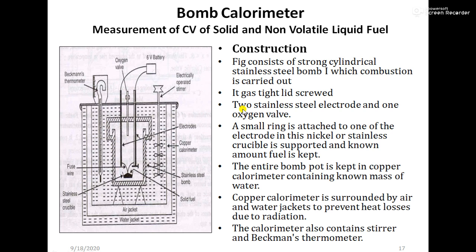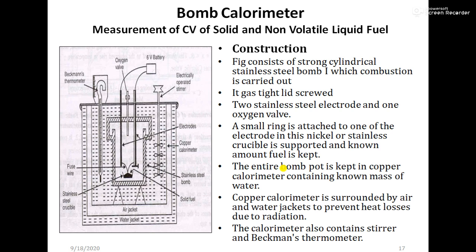So that is second. It has two stainless steel electrodes. So this is one, this is second. One electrode has a ring, that is here. A small ring is attached to one of the electrodes, and on this ring a nickel or stainless steel crucible is supported, in which a known amount of fuel is kept.